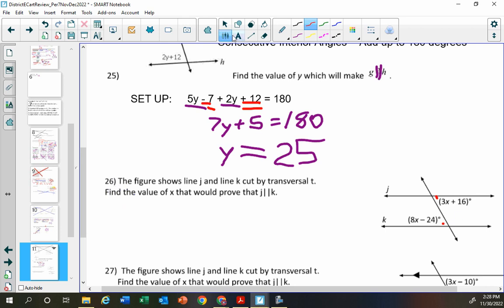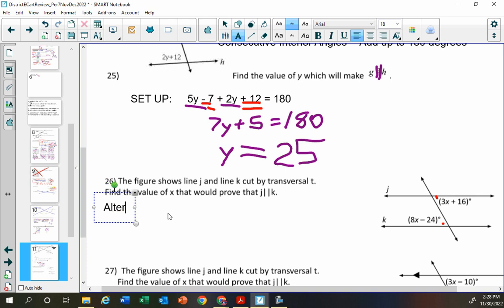What type? Alternate interior. Alternate interior angles. And what's their relationship? They add up to 180. No, wait, they're congruent.